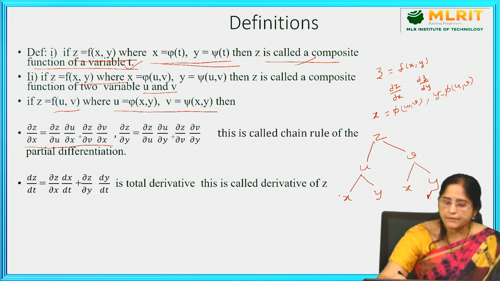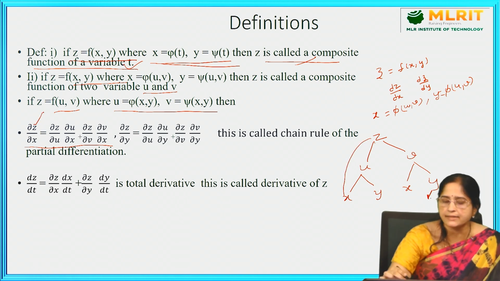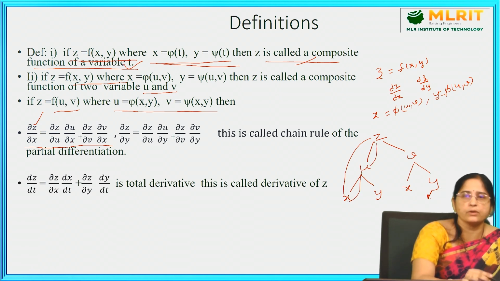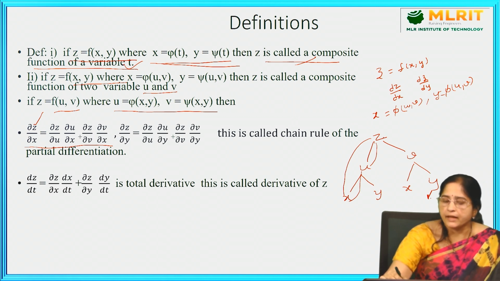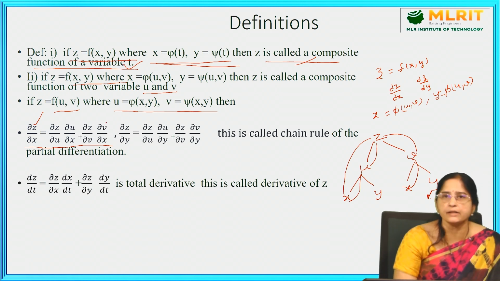In this case, dou z by dou x is dou z by dou u into dou u by dou x, plus dou z by dou v into dou v by dou x.